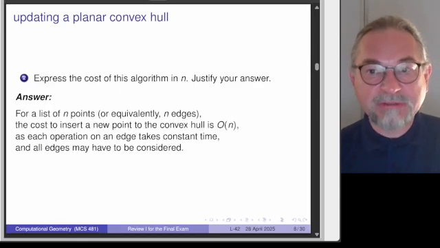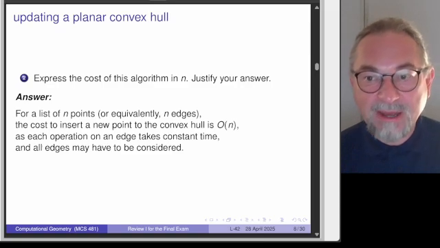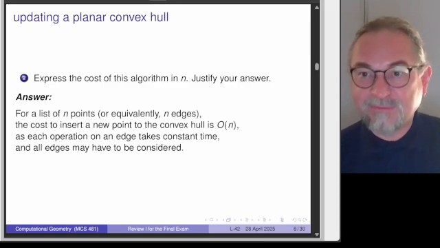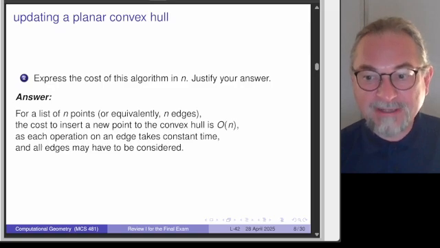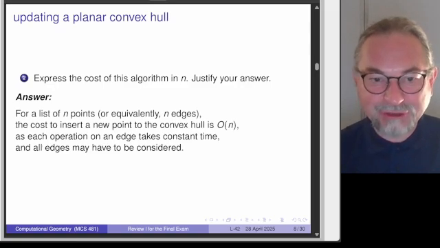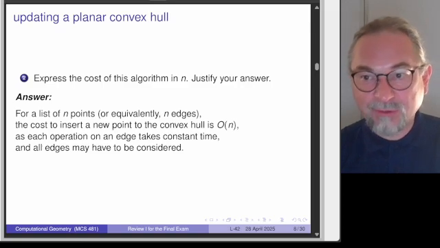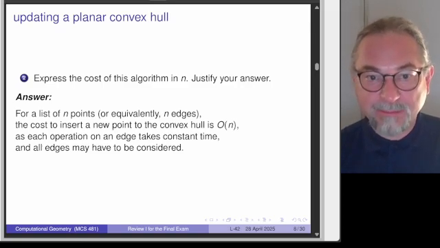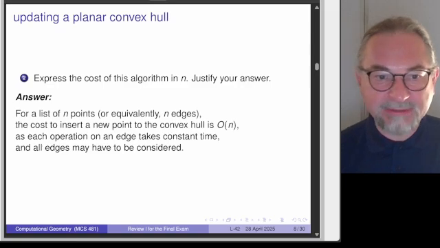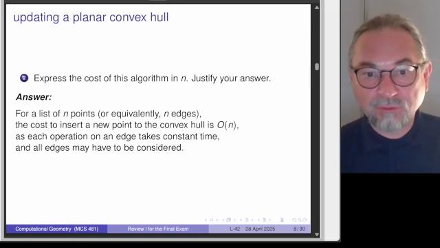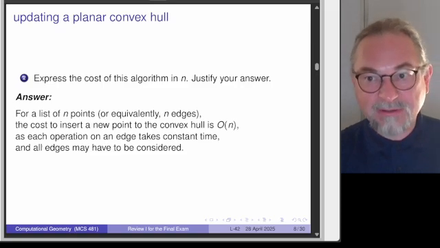Okay, how much does this cost now? Well, we have n endpoints, and if you have a planar convex hull, then you also have n edges. So the algorithm of inserting a point is edge oriented. So we have to traverse.